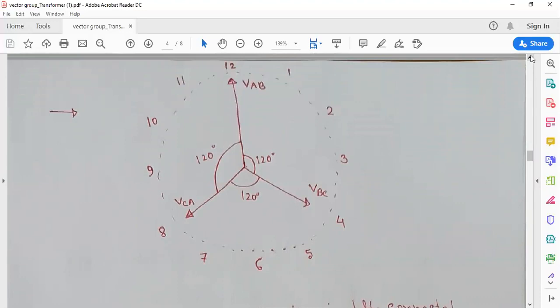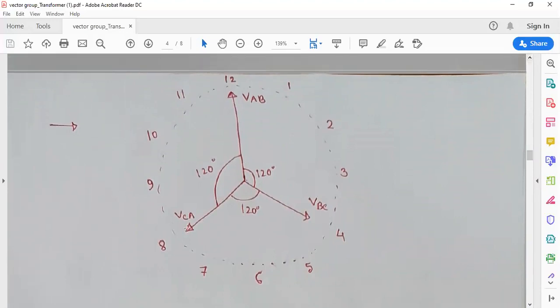Then we will complete the vector diagram and be able to draw the winding connections. Now our primary, the high voltage side, was delta. So we have drawn the line to line voltages. Do we need to draw the phase voltages? No, we do not, because in delta connection, line voltage and phase voltage are the same.